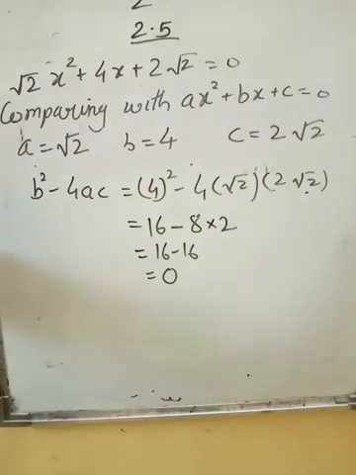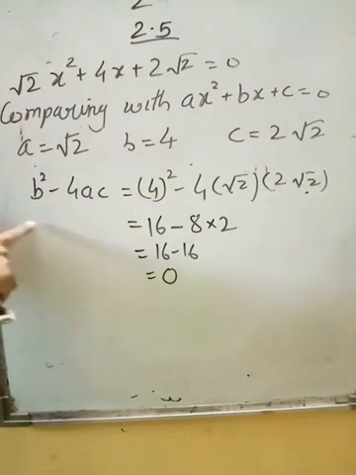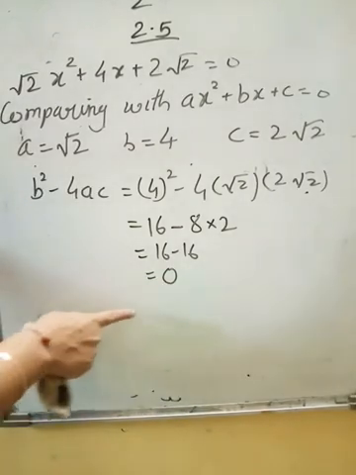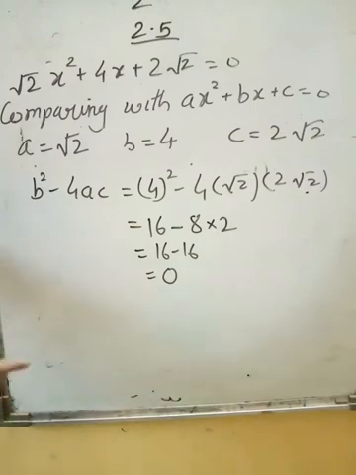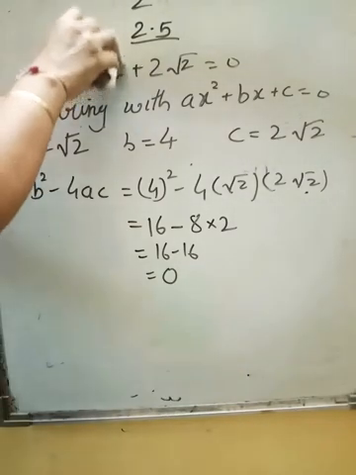So the method is: you will write the equation, compare it, write down a, b, c, find out b square minus 4ac, and then according to the answer you will write, because delta is 0, so roots are real and equal. Like that you will be doing it. So just one more step will be there. So let us do the sum.